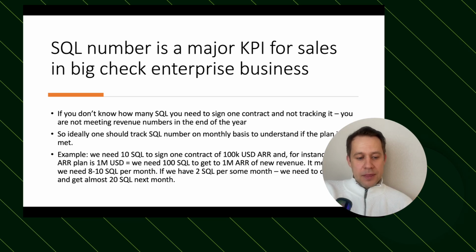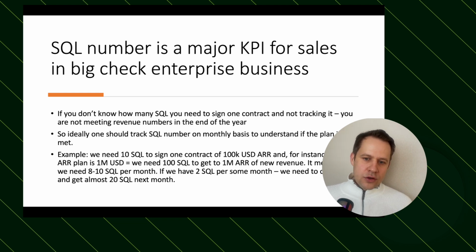For instance, one SQL can be worth 100,000 USD, and our annual recurring revenue plan is 1 million. So you can easily multiply the numbers and understand that to get to 1 million USD of annual recurring revenue, you need to have 100 sales qualified leads.